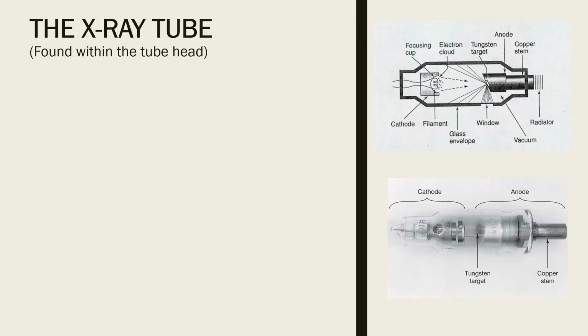Let's talk about X-ray production, and let's start with the X-ray tube. Located inside the tube head is a glass bulb from which the air has been pumped out to create a vacuum. This is the X-ray tube.